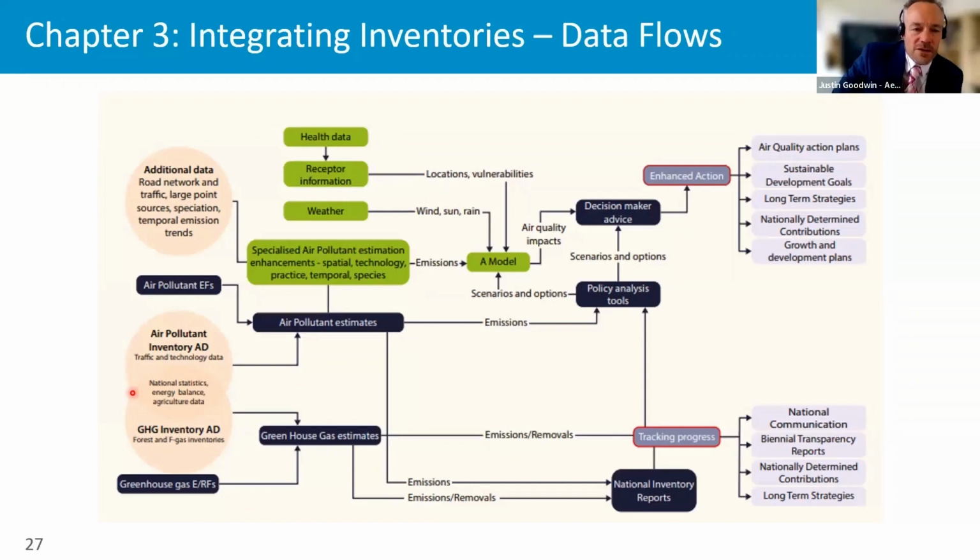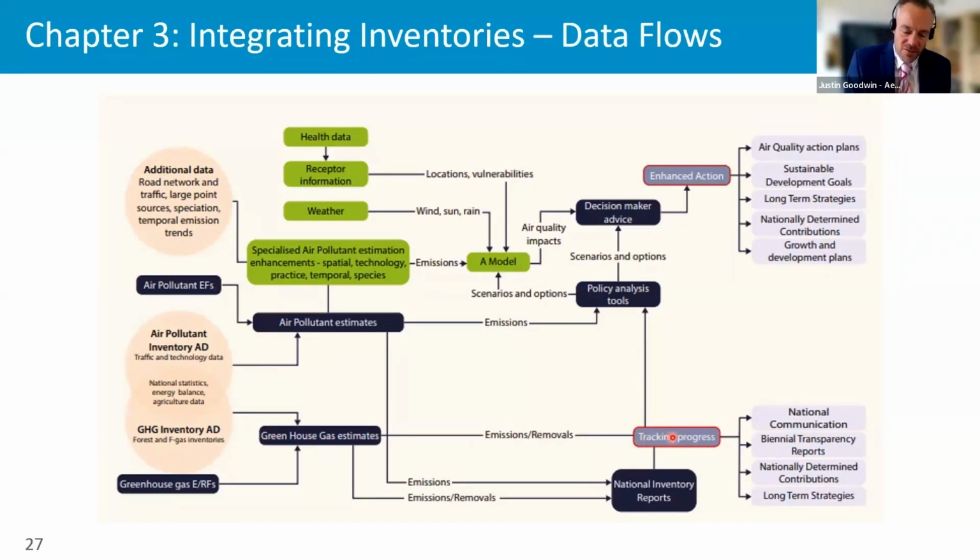And as you can see, the top section with the green boxes moving towards the top right-hand side is what needs to happen to the data in order to be able to have a good view on health and health analysis. So you can see that data has to go through a lot of rigor, has to go through a lot of additional analysis, needs new information added to it in order for it to be useful. Whereas the greenhouse gas inventory has a pretty short pathway towards the greenhouse gas reporting.